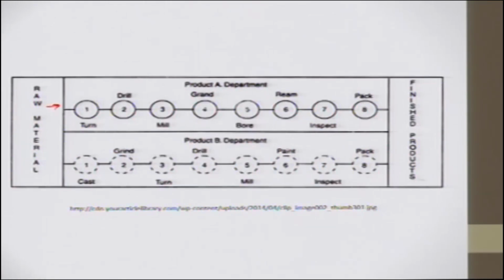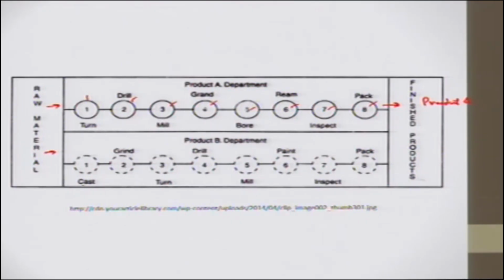This is a kind of product layout here. The raw material is coming in. We have one process: turning, drilling, milling, then grinding, boring, reaming, inspection and packaging. And product 1 is out.